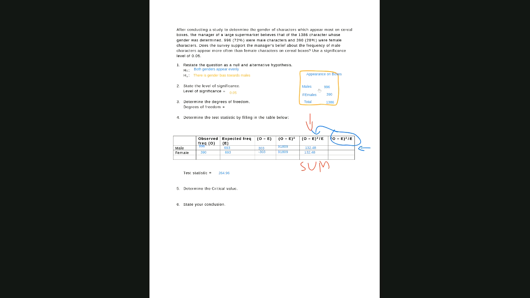If, for instance, I had appearance on boxes and then appearance on milk cartons, we'd do different degrees of freedom. But all you do for degrees of freedom is you look over here for your single column and you count the number of rows and you minus 1. So how many rows of information do I have here?